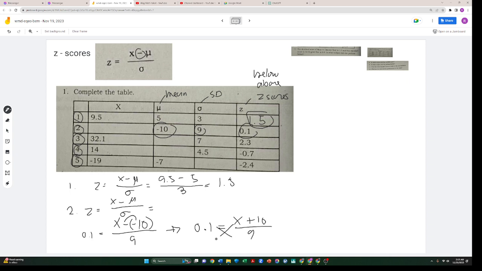So pwede na ka mag cross multiply. So padayon 0.1 times 9 is equal to nga amunay 1 daan, automatic na siya as a fraction, no? Kay identity sa fraction kay 1. Then identity sa division kay 1, ang identity sa multiplication kay 1.